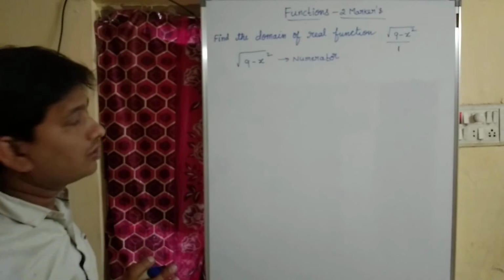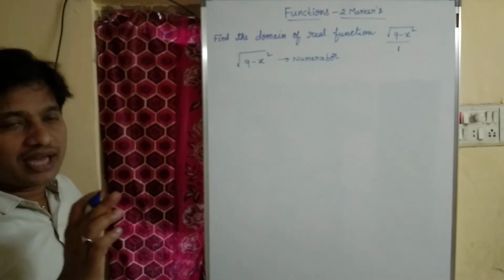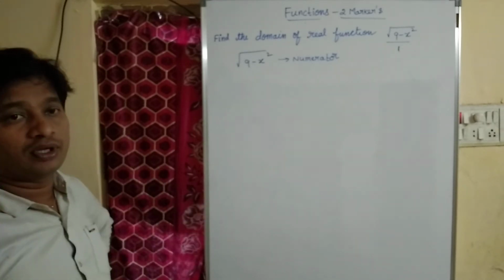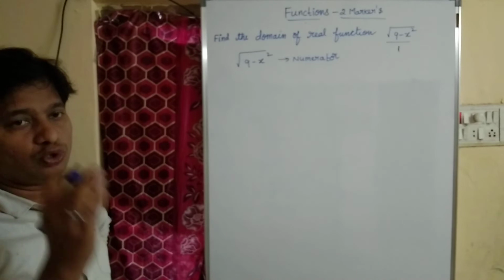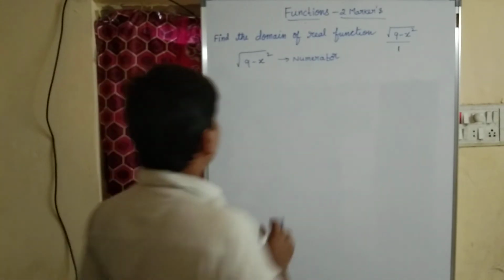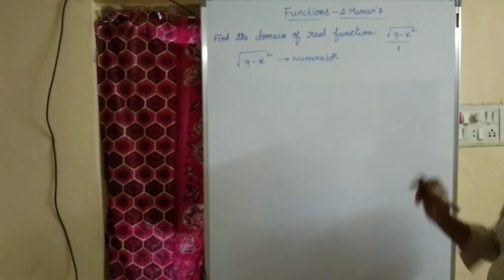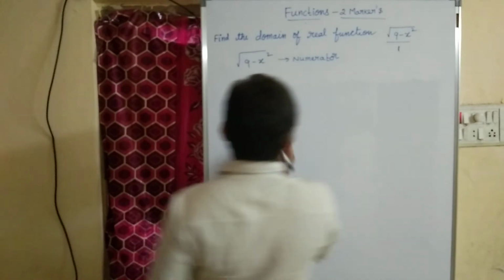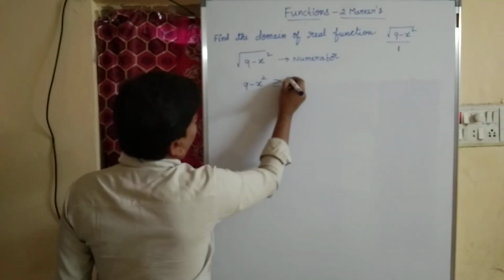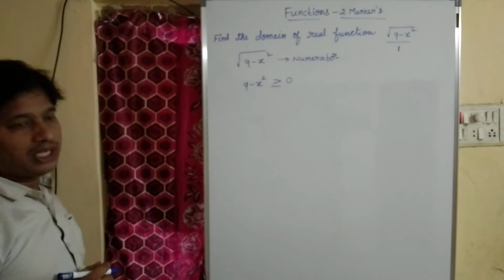The expression root over 9 minus x square has a square root and is in the numerator. If an expression is in the numerator and has a square root, then we need to write the given expression 9 minus x square should be greater than or equal to 0.